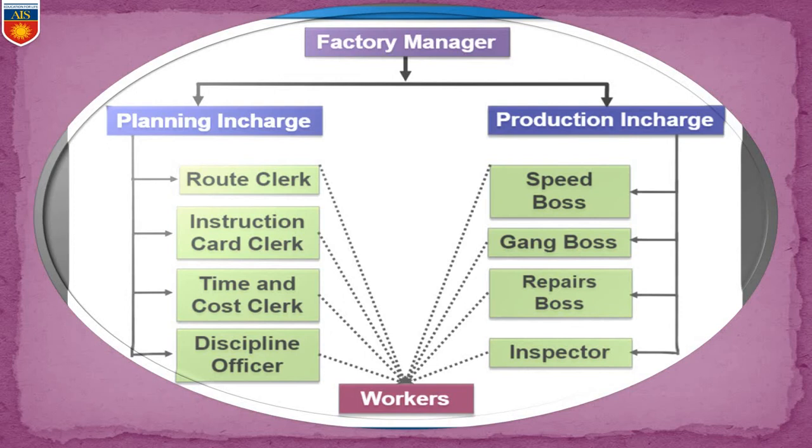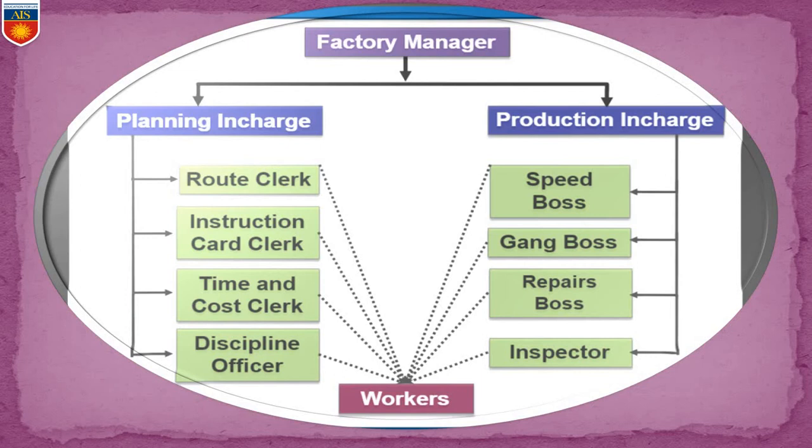Gang boss. He performed the preliminary operations regarding how workers should work on the machine. He was responsible for allotting the resources and arranging them in the workplace. Repair boss. He ensured that security and maintenance of machinery on which work is performed were taken care of.